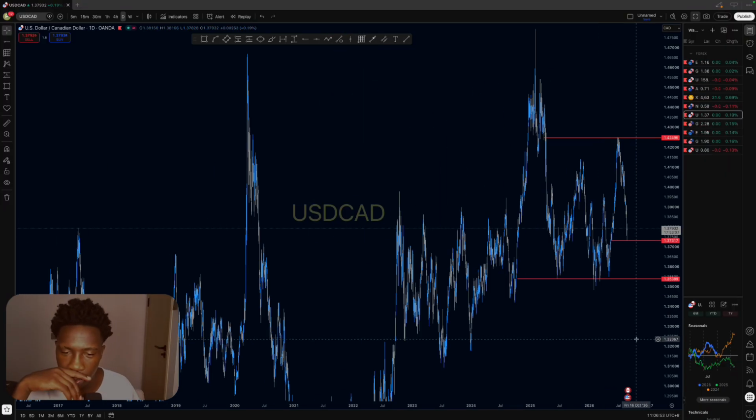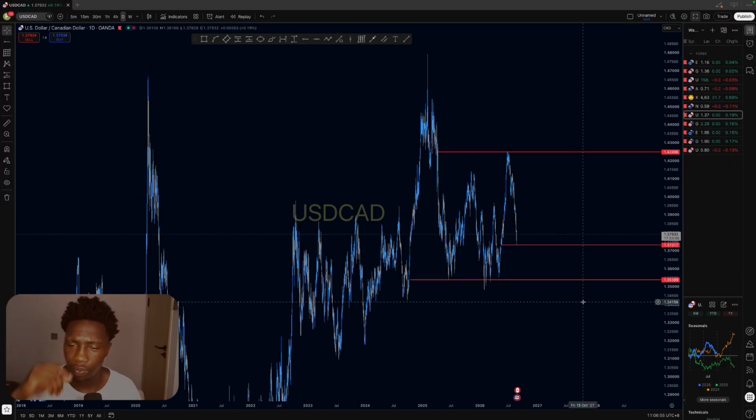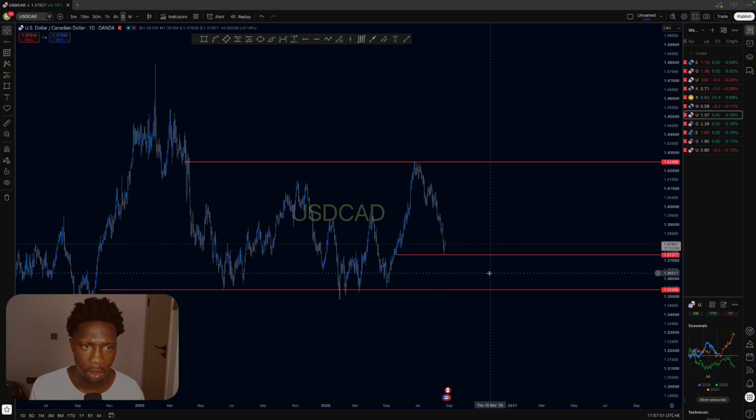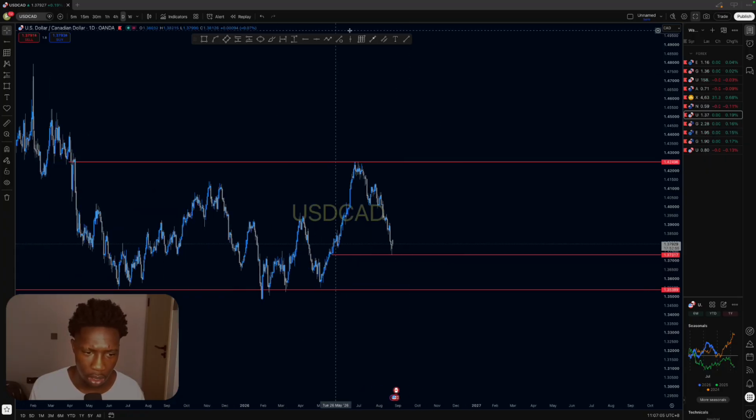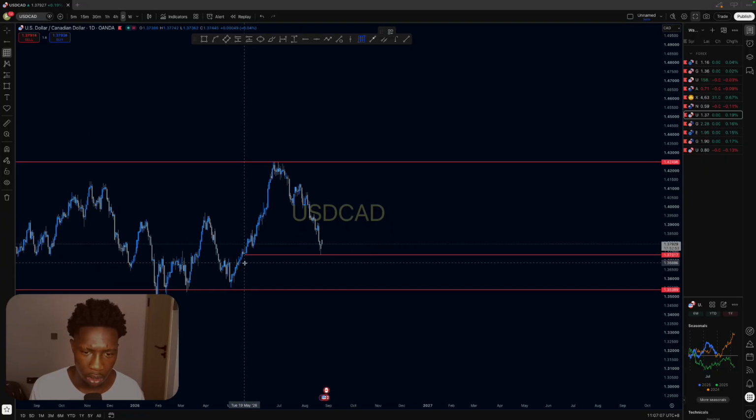We need to check on them, and then we want to see also this zone needs to be taken into account, where it created this selling candle.